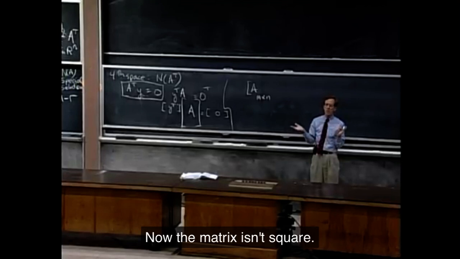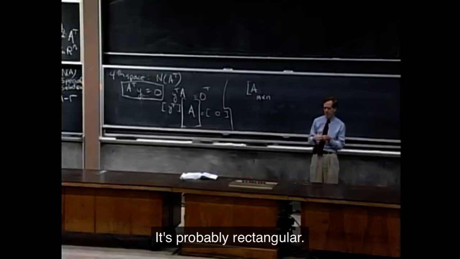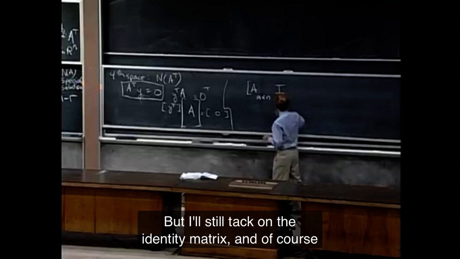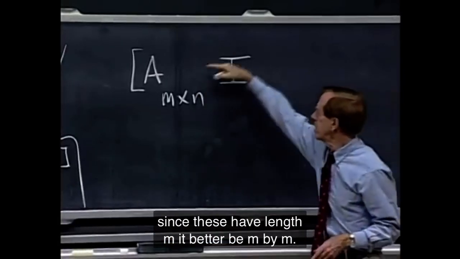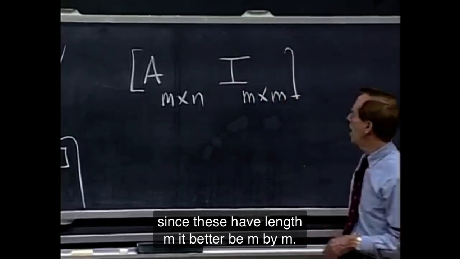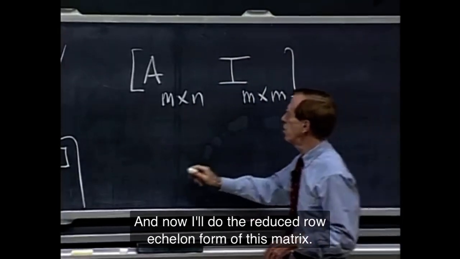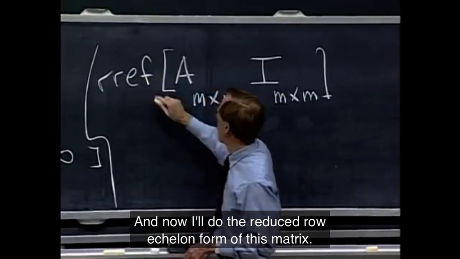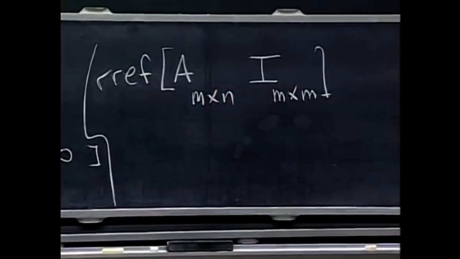Now the matrix isn't square. It's probably rectangular. But I'll still tack on the identity matrix, and of course, since these have length m, it better be m by m. And now I'll do the reduced row echelon form of this matrix.